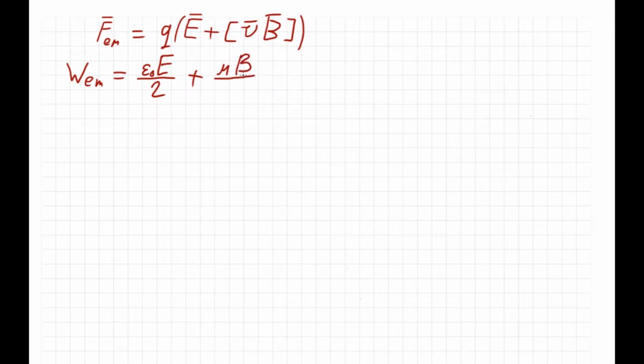Sorry, it's wrong. Erase this. Divided by 2, divided by permeability of magnetic field.